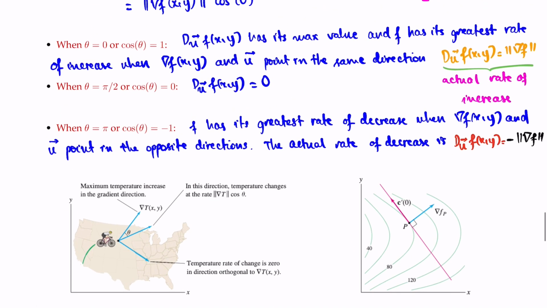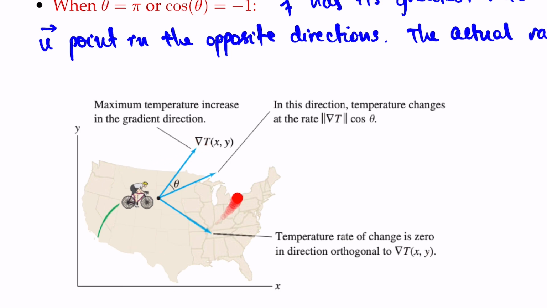So we can make the connection between our observations in these three situations with an example shown in this figure. So in this scenario, a biker rides along a path. So the temperature T changes at a rate that depends on the cosine of the angle theta between delta T and the directions of motion. So in this particular direction, the temperature changes at the rate of the magnitude of delta T times cosine of theta.